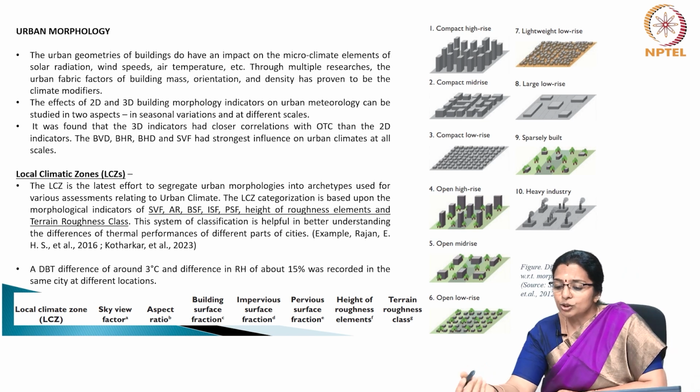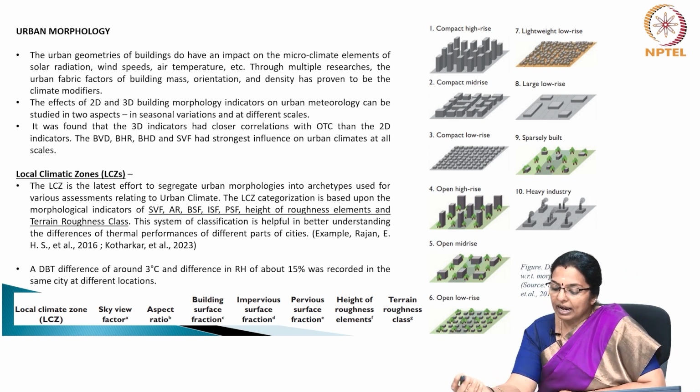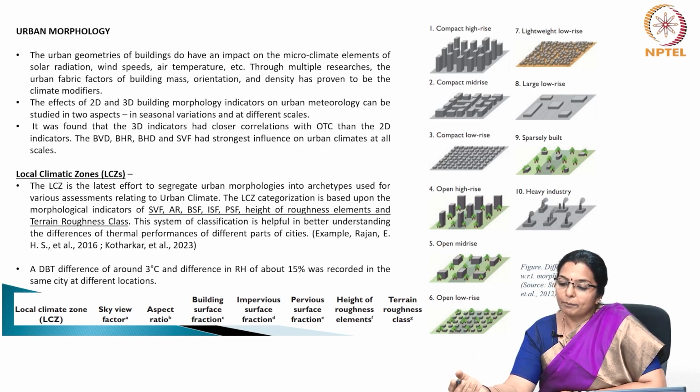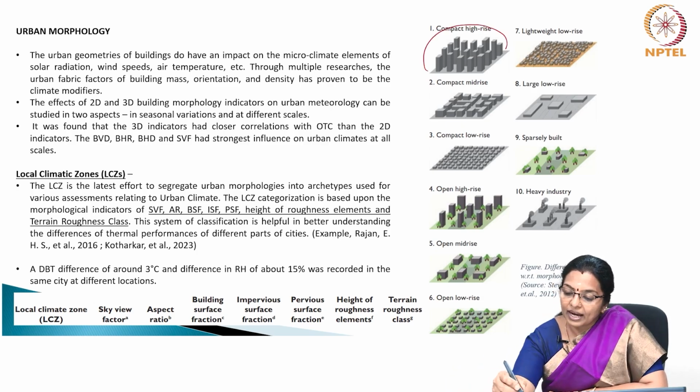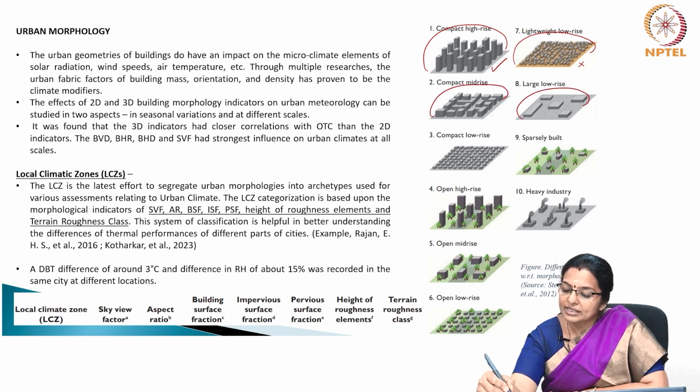And you can see, even graphically, how the various local climate zones could have an impact on urban heat island. You have a compact high-rise setting versus a lightweight low-rise setting. It is obvious that UHI is going to be higher in one and lower in the other. There is a compact mid-rise versus large low-rise, so it is obvious that UHI is going to be higher here.